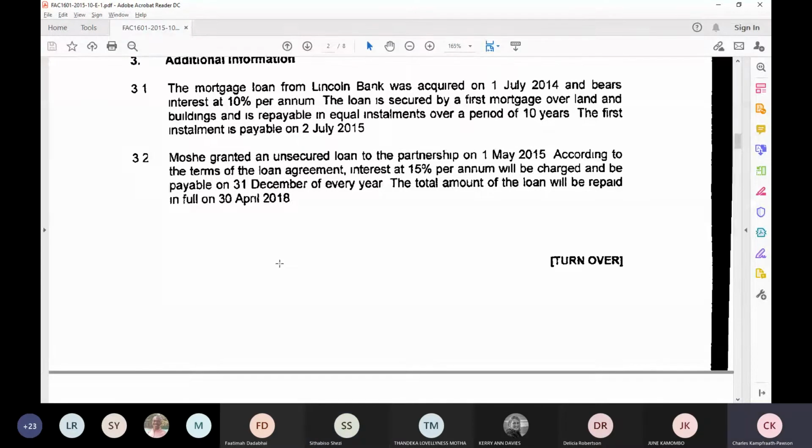So that's the first thing that you guys must remember. Salaries to partners are not accounted for as expense. So any payment to a partner goes to his current account if he didn't take it, and if he took it, it goes to the drawings account, never to salaries and wages. So salaries to partners are never accounted for as an expense.